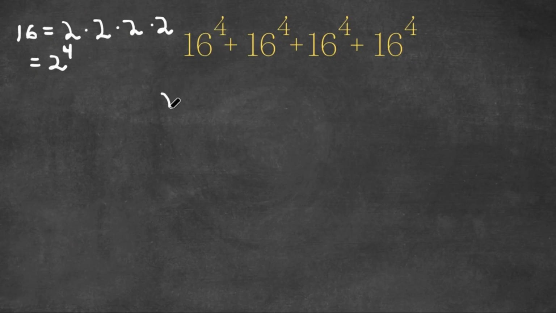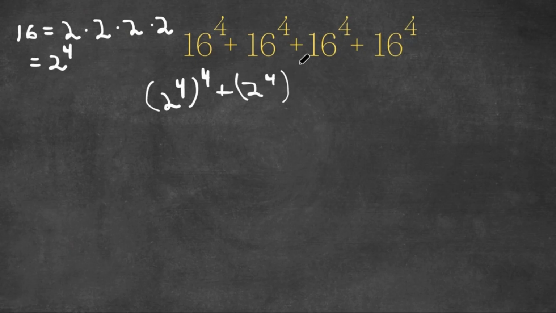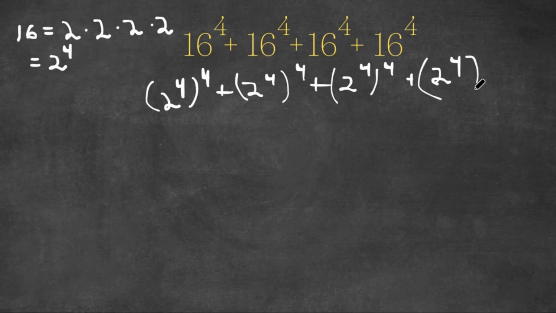So now we have 2 to the power of 4 to the power of 4 plus 2 to the power of 4 to the power of 4 plus 2 to the power of 4 to the power of 4 plus 2 to the power of 4 to the power of 4.